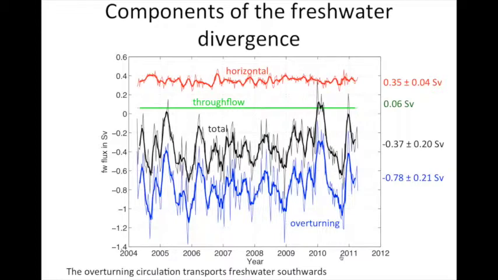So this is the divergence. So it's the full time series relative to 0.8 Sverdrup. So this is why it's now averaging 0.37. The horizontal flux is small and positive, or medium sized and positive.